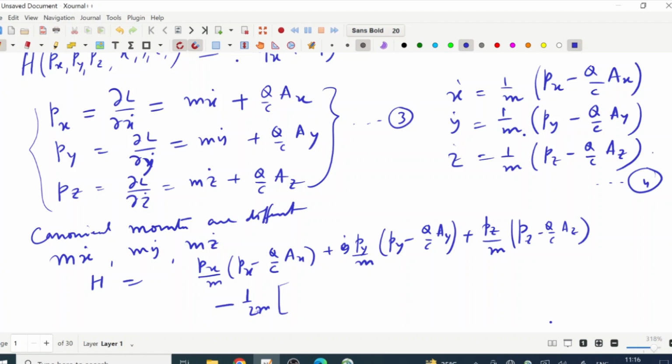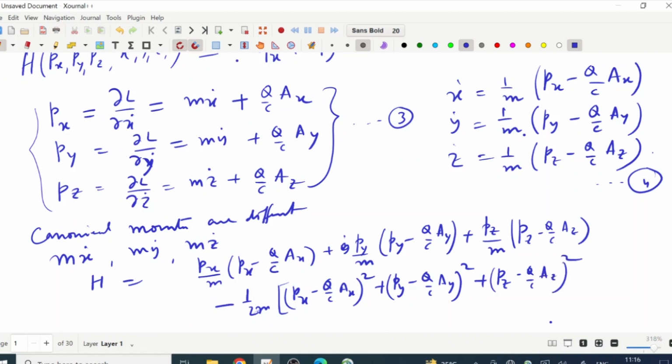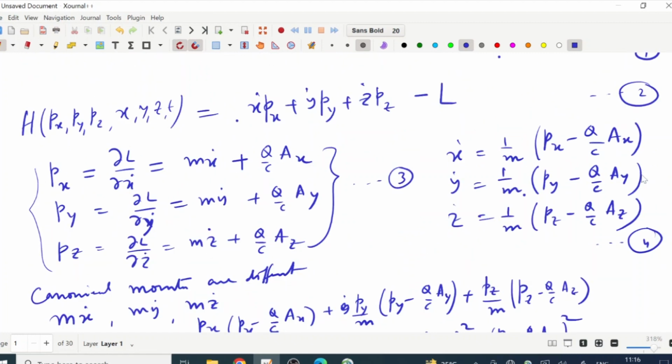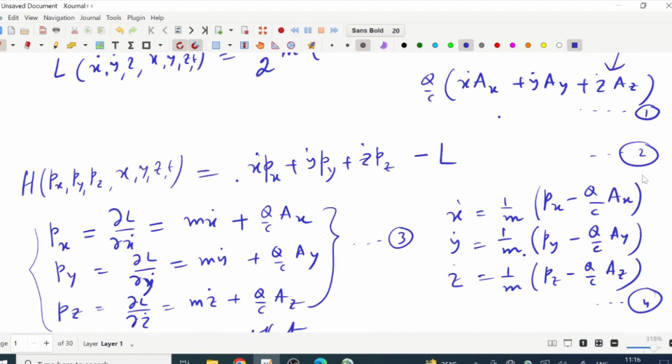If I substitute, it will be 1 over 2m times (p_x minus q by c A_x) whole square plus (p_y minus q by c A_y) whole square plus (p_z minus q by c A_z) whole square. Okay. So this is the kinetic energy term of the Lagrangian.